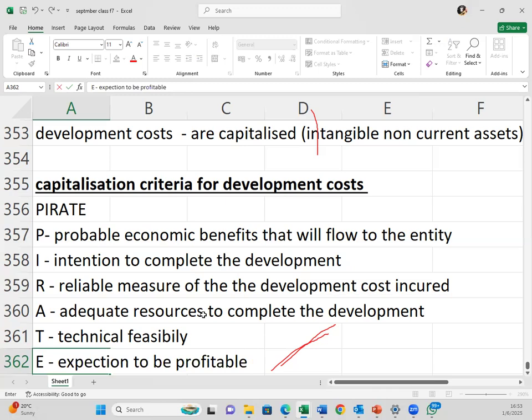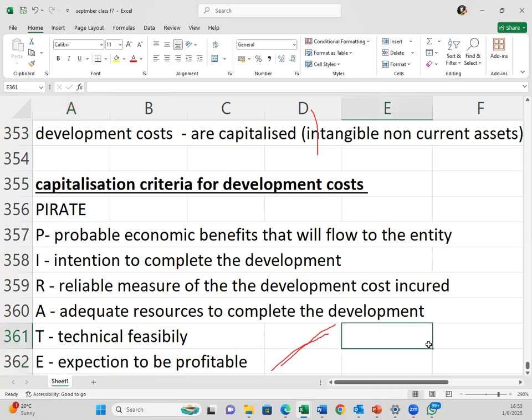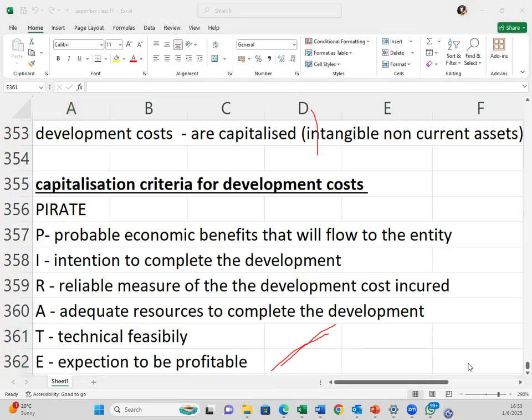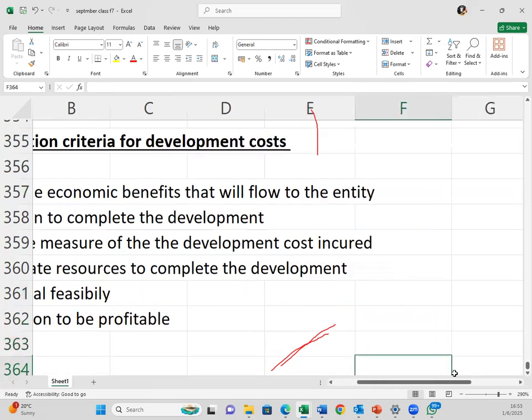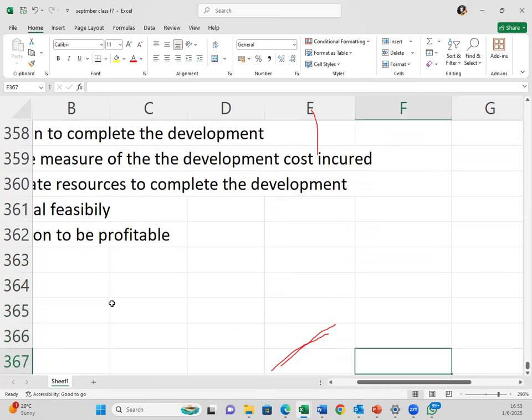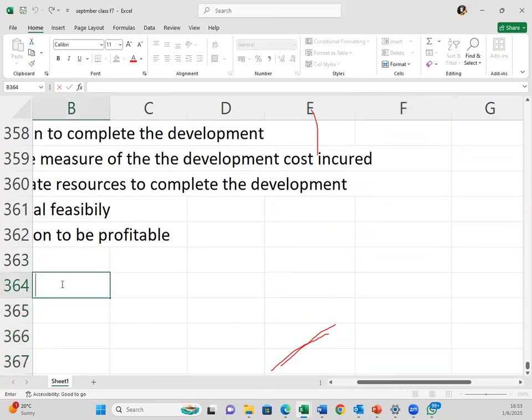Once any of these conditions are no longer met, even if initially they were being met, we stop recognizing the development cost as a non-current asset and recognize it as an expense.